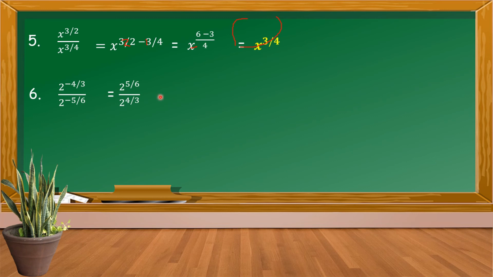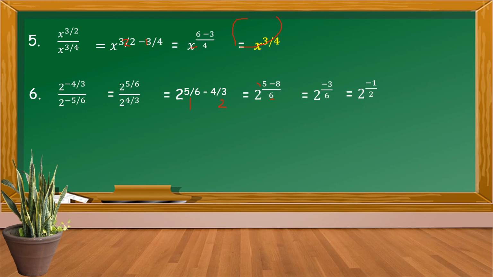We will look for the LCD of these two fractions, and we have an LCD of 6. 6 divided by 6 is 1. 1 times 5 is 5. Then 6 divided by 3 is 2. 4 times 2 is 8. And we have 2 raised to the power of negative 3 over 6, negative 3 because 5 minus 8 is negative 3. We reduce this negative 3 over 6, and our exponent becomes negative 1/2.